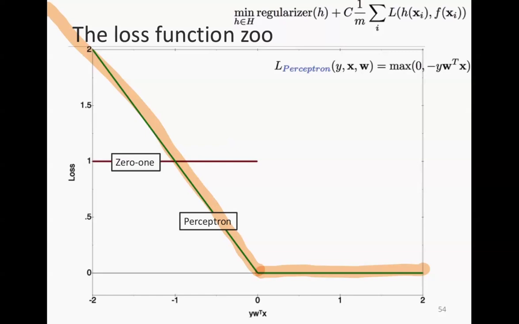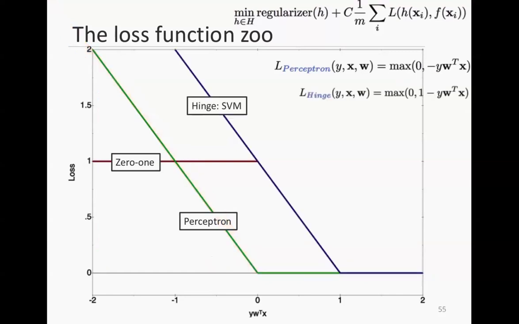If y w transpose x is here, it's much worse than y w transpose x being here, because the loss is so much more. As an exercise, you should take this exact function, the perceptron loss, compute its subderivative, plug it into the stochastic gradient descent formalism, and you should be able to recover the batch perceptron update.